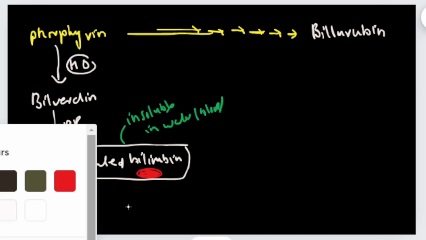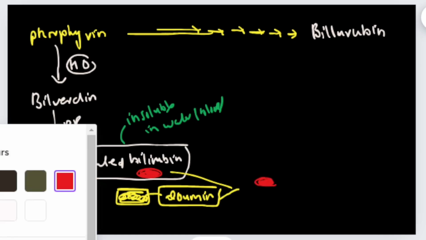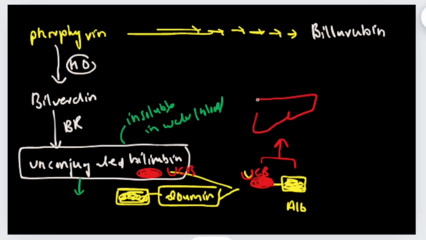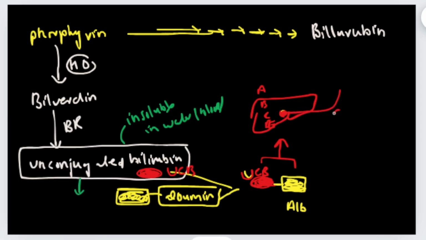So there is a need to transport this bilirubin into the bile. There is albumin, and the unconjugated bilirubin attaches to albumin, and this albumin helps in transporting it into the liver.